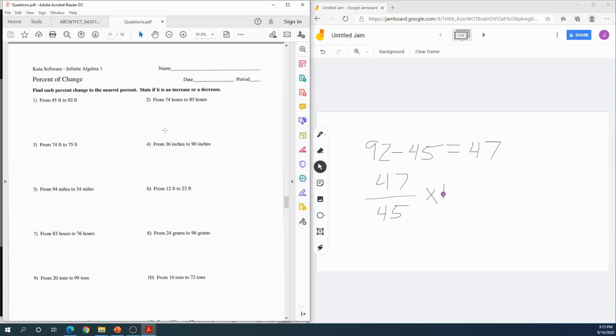We're going to multiply that by 100% to get our answer in percent. And this is going to give us 104%. Now the question asks, state if it is an increase or a decrease. We went from 45 to 92. So it's going to be a 104% increase.